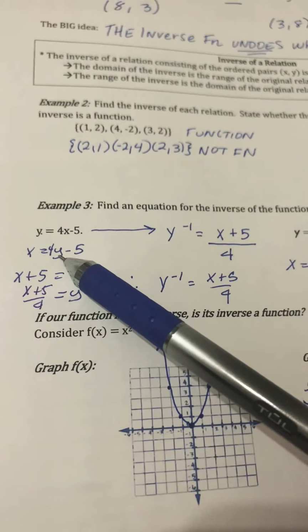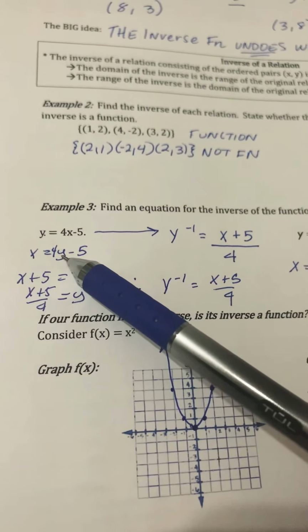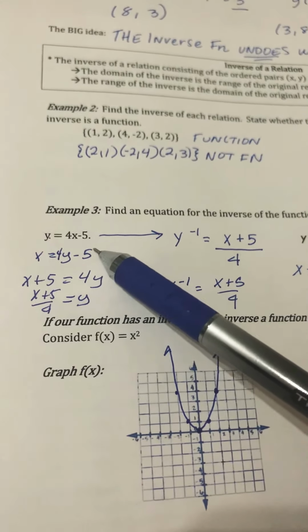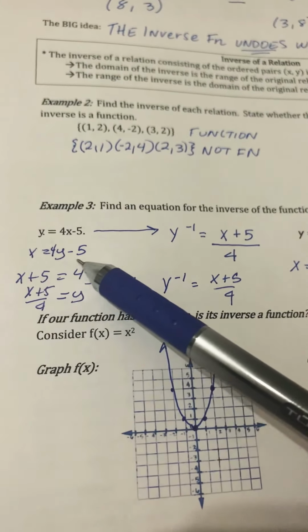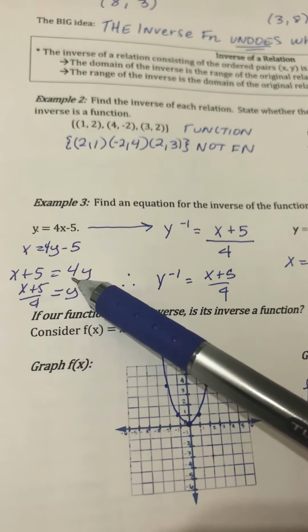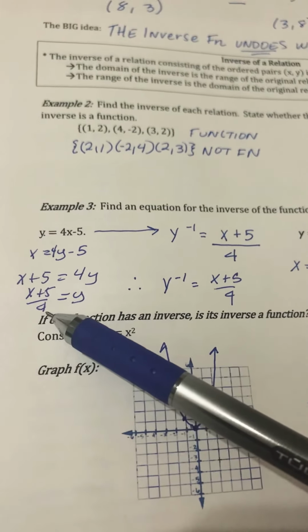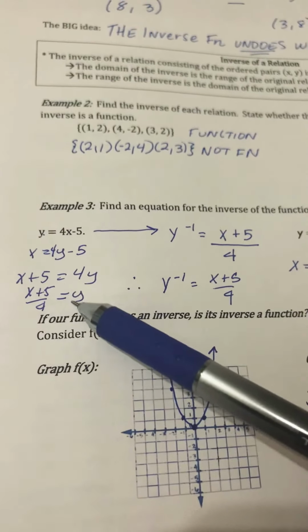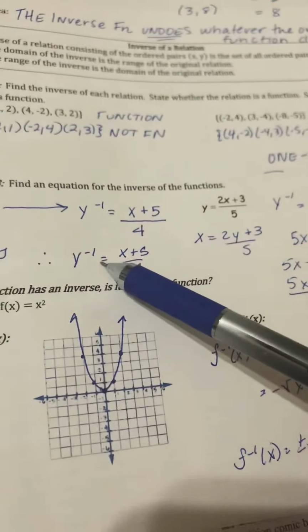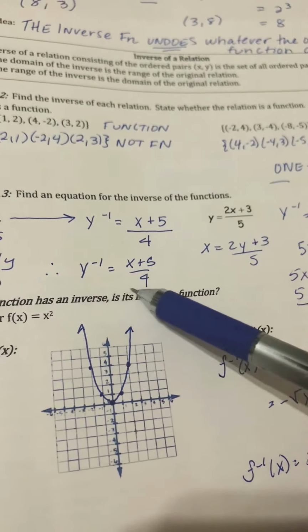So in order to get y by itself, we have to solve for y or undo what we did. So we have to undo subtracting 5. We add it. We have to undo multiplying 4. So we divide it. We can't write it as y equals because it was really y equals to begin with. So we write it as y inverse. You can always pause and go back if that was too much or too quick.